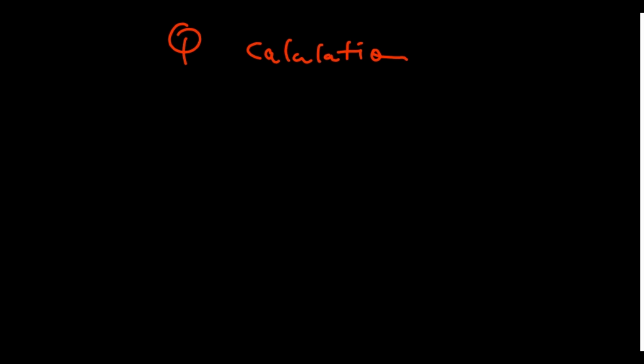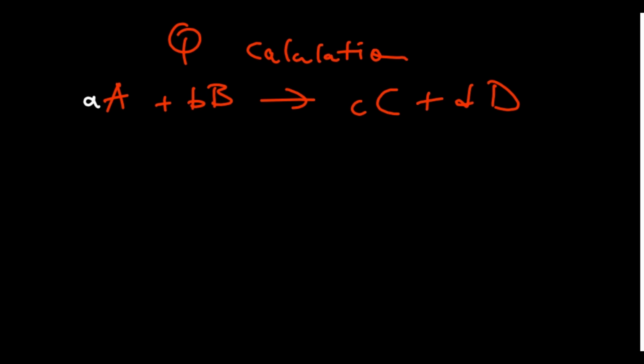I'll give you a very simple example to guide you. Let's say you have aA plus bB giving you cC plus dD as the reaction. What you expect is your Q or your K, which I also explained earlier, is equal to products over reactants.